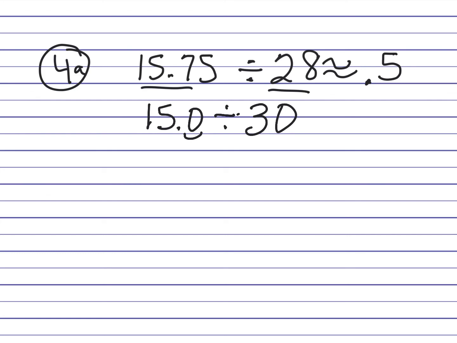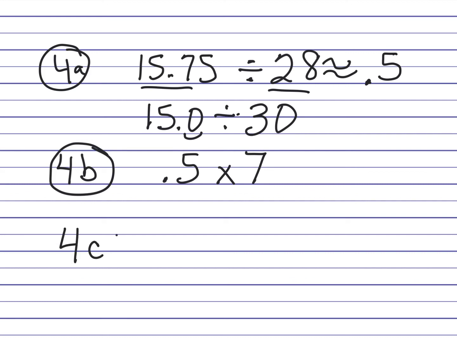Okay, so this one is a little bit tricky, but it's okay. You can do it. Okay, so the B says estimate how many gallons he drank in 1 week. So if you had 0.5 in 1 day, 0.5 times 7. And that would give you an estimate on how much he drank in 1 week. Okay, let's go to 4C.